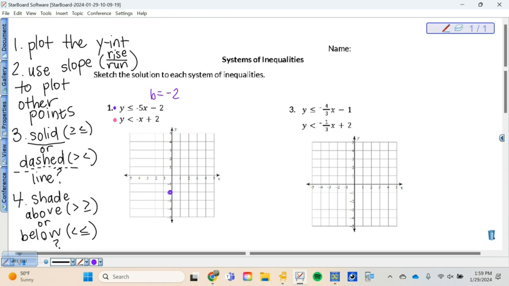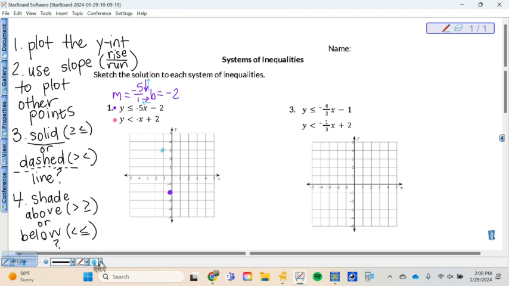What is my slope? -5, which means -5 over 1, right? So I'm going down 5, right 1. But if I try and do that, I run out of graph. So let's go in reverse instead. We're going to go left 1, up 5.